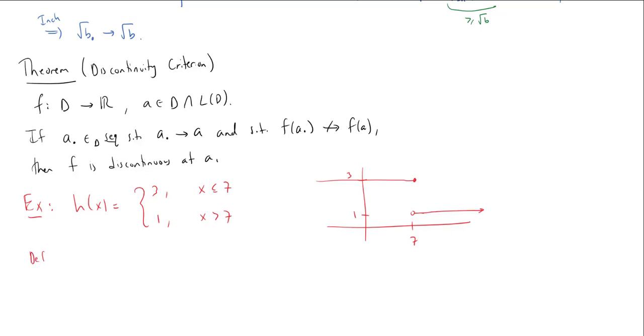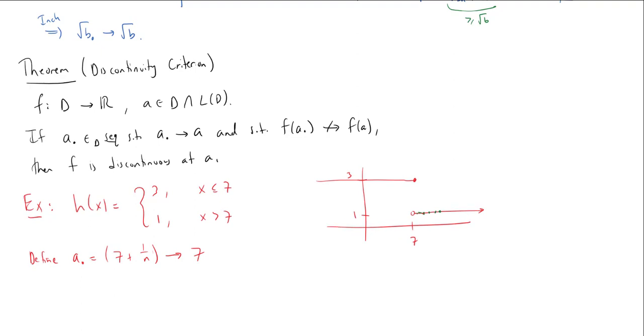So we're going to define a_n to be the sequence 7 plus 1 over n. And we see quickly, as n goes to infinity, 1 over n goes to 0, so this thing converges to 7. And it's converging to 7 from the positive side.